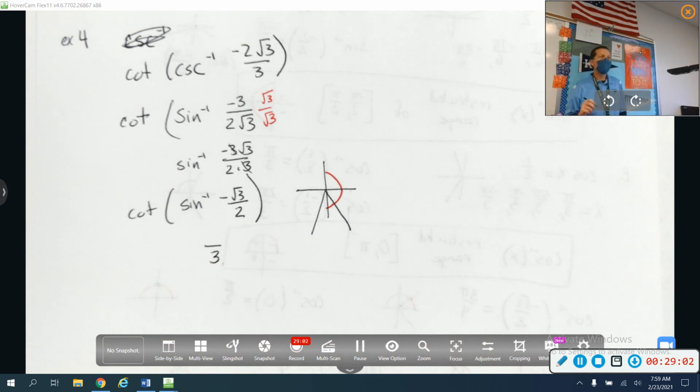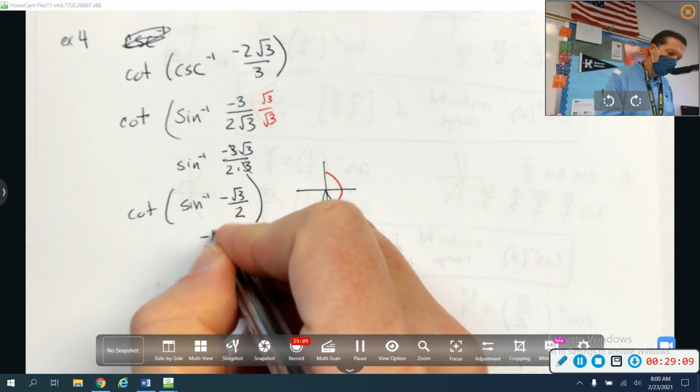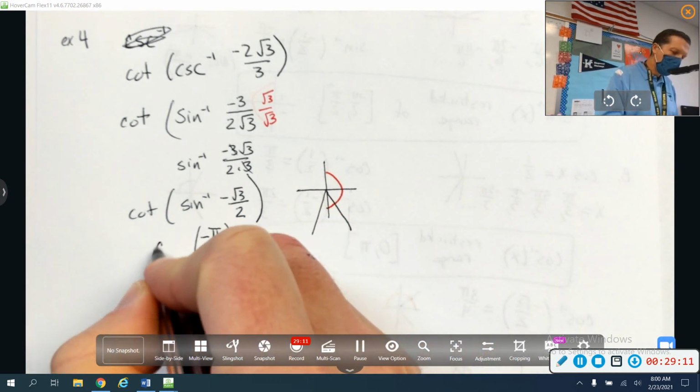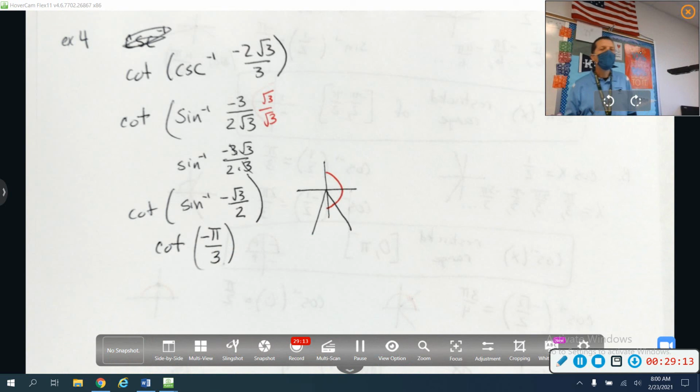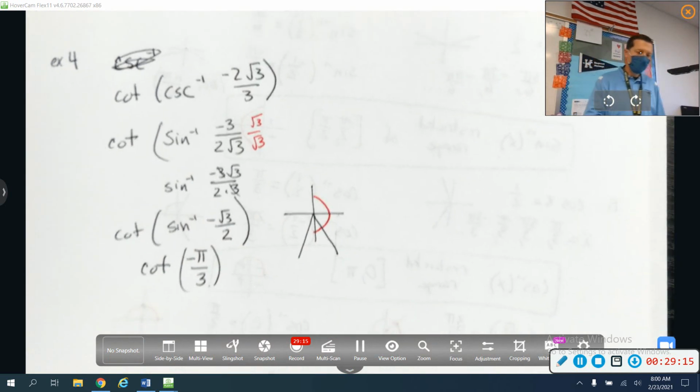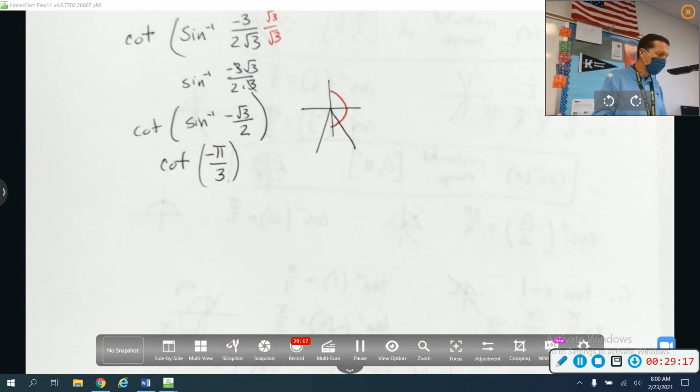Is it negative pi over 3 or is it 5 pi over 3? Negative pi over 3. Yes, it's negative pi over 3.